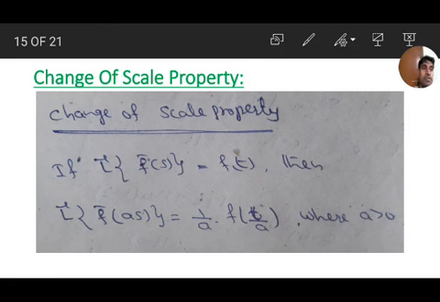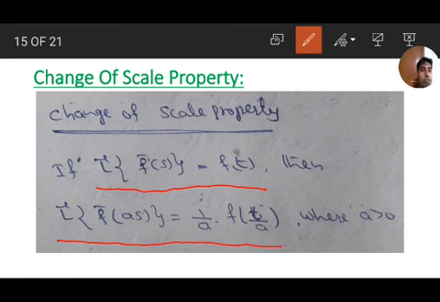property, change of scale property. We will discuss this property and some problems on it. What does the change of scale property say? If L inverse of f bar s equals f of t, then L inverse of f bar of a s equals 1 by a into f of t by a, where a is greater than 0.